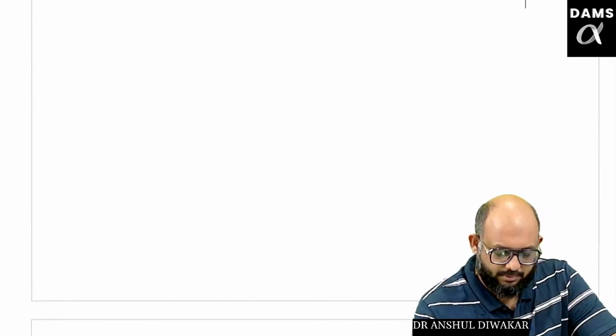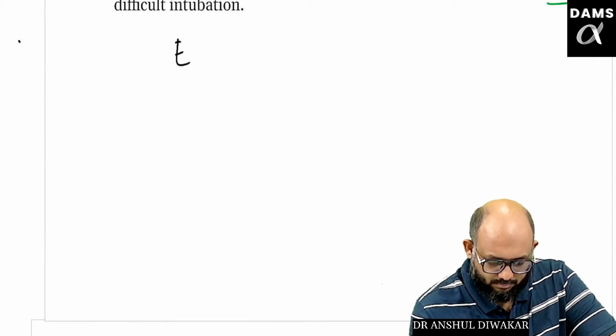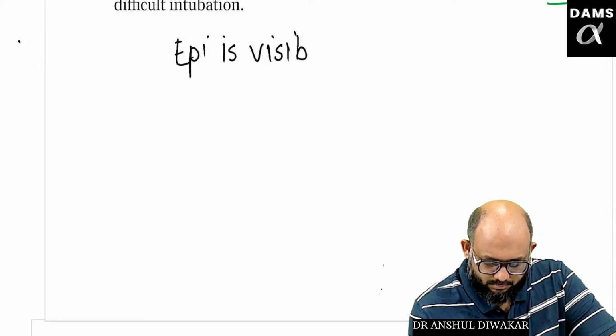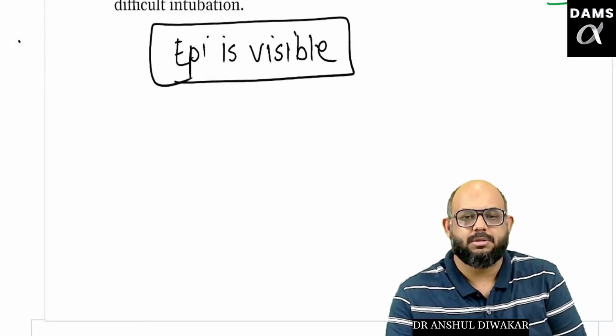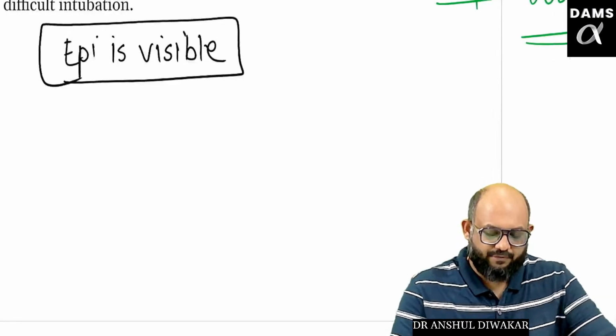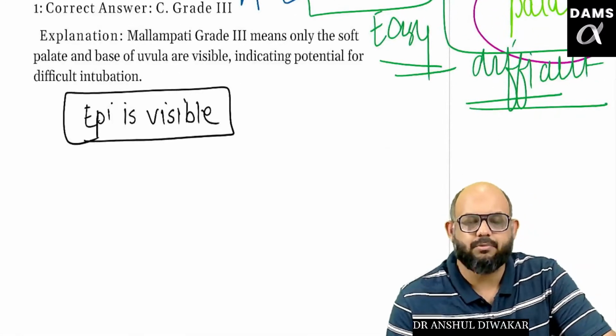And since everybody is so upbeat, let's talk about one more thing, that is, what if epiglottis is visible on mouth opening? Normally, you don't see epiglottis on mouth opening. If epiglottis is visible on mouth opening, what does it tell you?